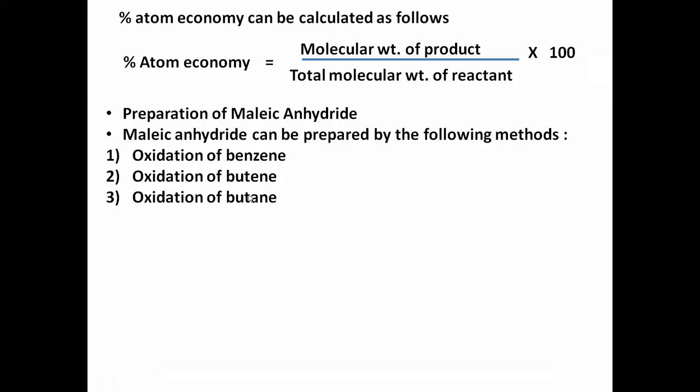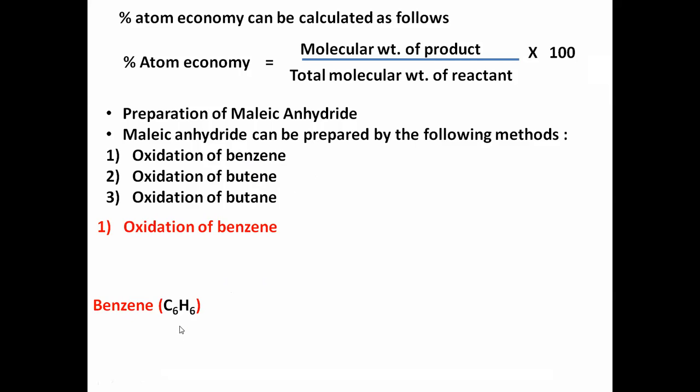These petrochemical products we utilize for the synthesis of the finished products which we enjoy in our daily life. In this case, maleic anhydride can be prepared from either benzene, butene or butane. So we will see three routes. We will calculate the percentage atom economy for these three routes, and then we will decide which is best for us. First we will take the example of benzene, oxidation of benzene.